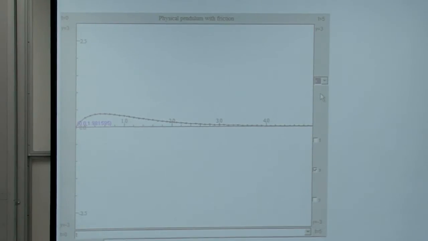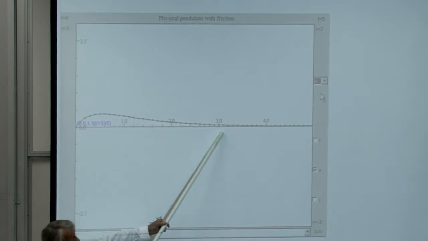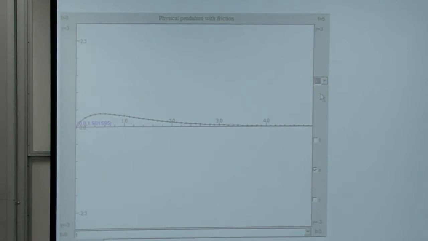So I start here, the mass goes down, and then it goes down and then comes back to 0. It doesn't even go through an oscillation. It never gets to the negative x side, because the damping is strong. These kinds of springs are called overdamped.